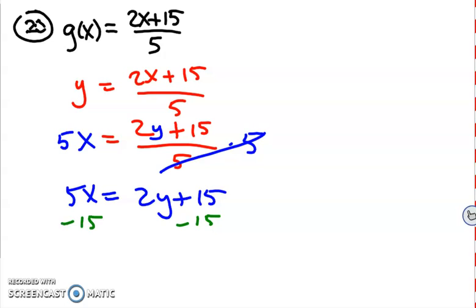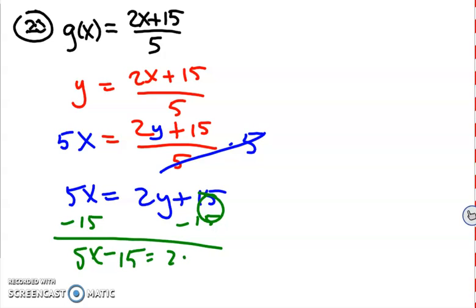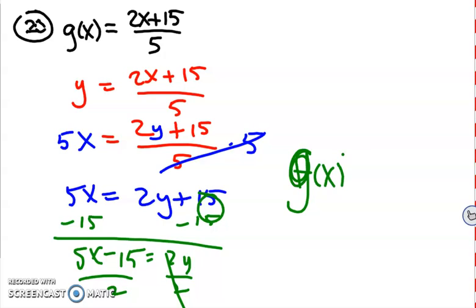Subtract away the 15. So we get 5x minus 15 is equal to 2y. And then we divide both sides by the 2. So the final answer is the inverse of g of x is equal to 5x minus 15 all over 2.